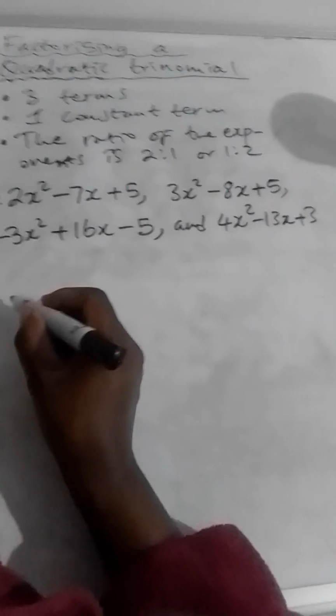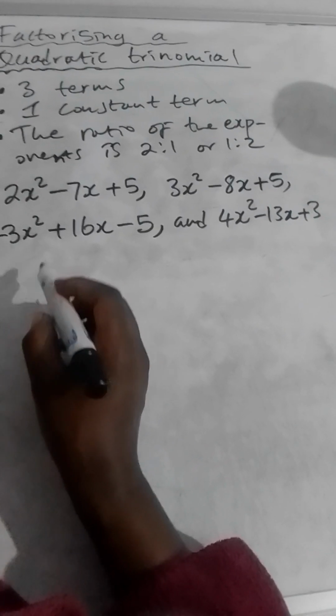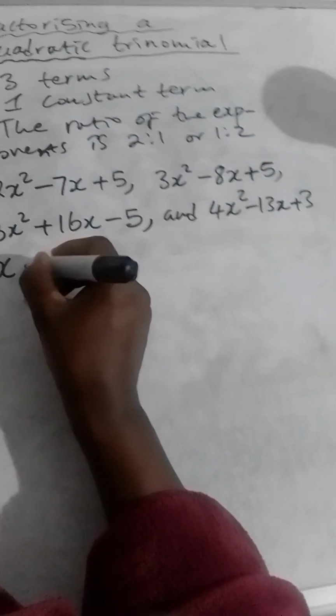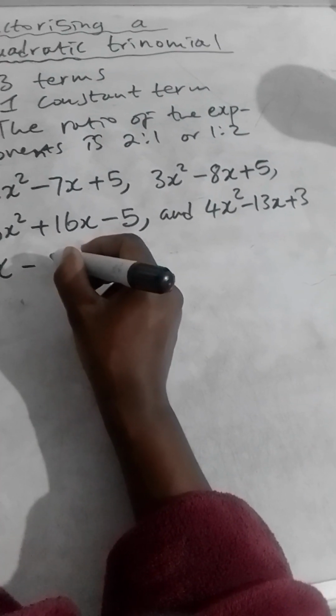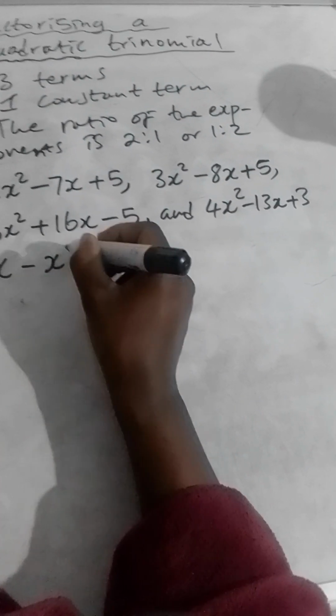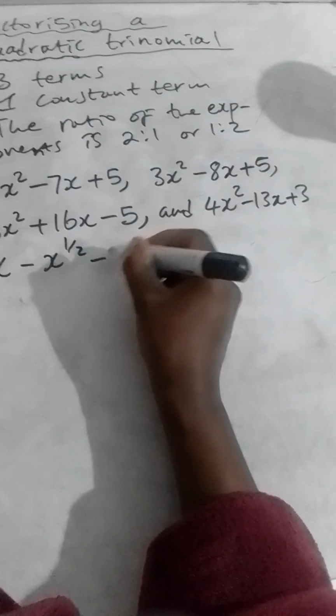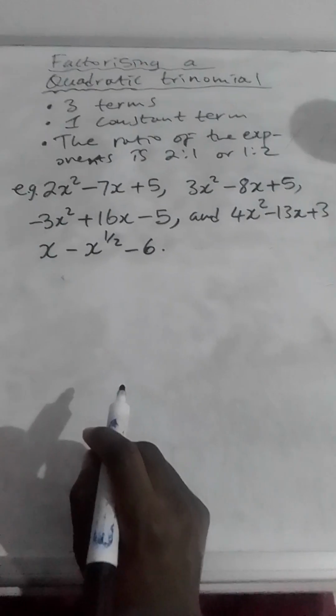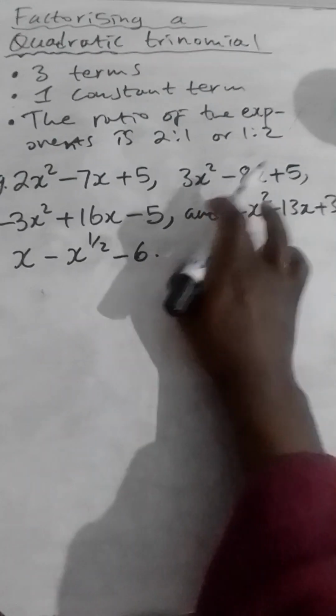So let's also get one last one, maybe from grade 11, because this is for grade 10 and above. Maybe let's have this: x to the half minus 6. Of course, we can have another video where we do more of these ones, the last one. So I've just thrown it in there.